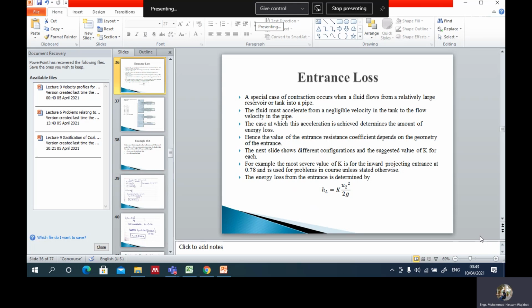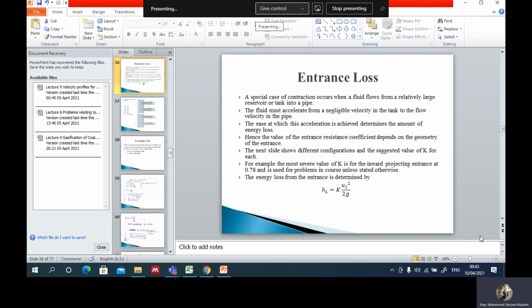Exit loss मैंने आपको क्या बताया था? मैंने आपको बताया था exit loss is the flow from a small pipe into a reservoir. The opposite happens for entrance loss. It is the flow from a large reservoir into a small pipe. So again, our area of interest is the small pipe.